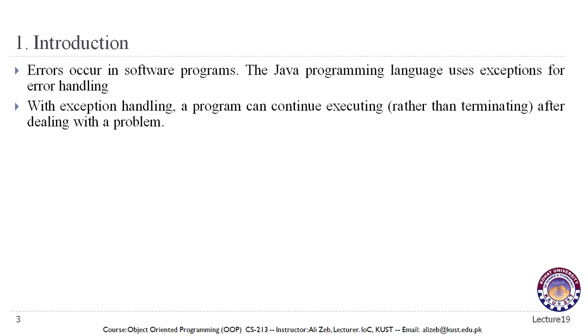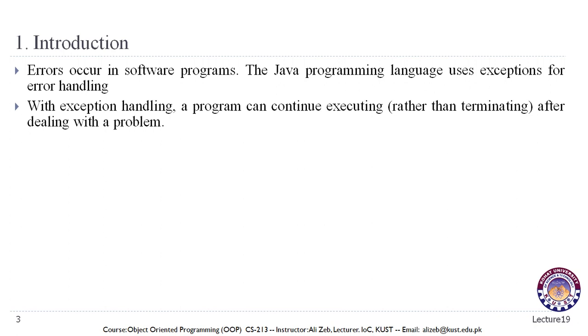With exception handling, a program can continue executing rather than terminating after dealing with a problem. We have used exception handling earlier, maybe not in much detail, but in some of our programs. The difference with normal error handling is that when an error occurs, our program is disrupted, it stops running, it is terminated at the point where the error has occurred.